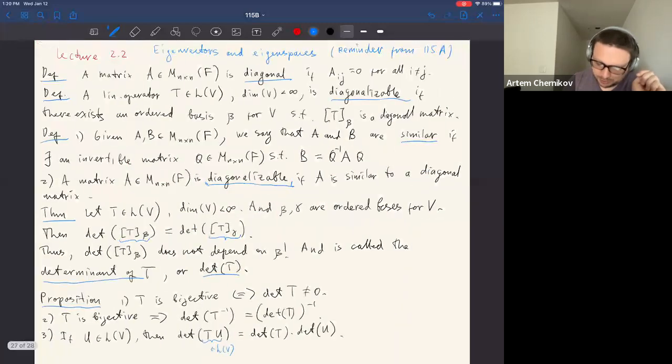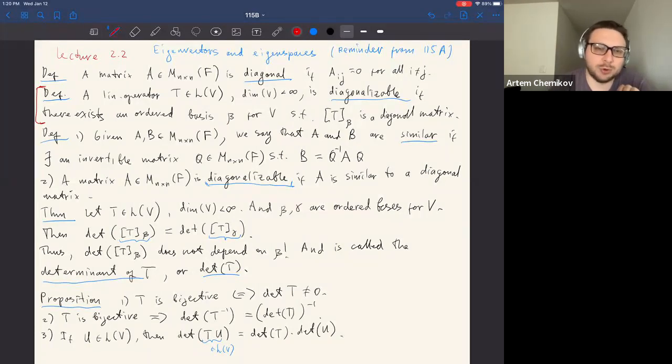For a matrix, it is diagonalizable if it is similar to a diagonal matrix, if and only if the corresponding linear transformation is diagonalizable. And for a linear transformation to be diagonalizable means that there exists some basis such that its representation with respect to that basis is diagonal. So these are two different statements, but they are equivalent.